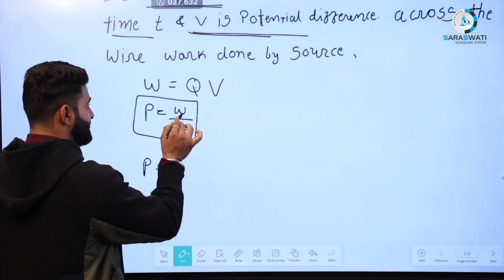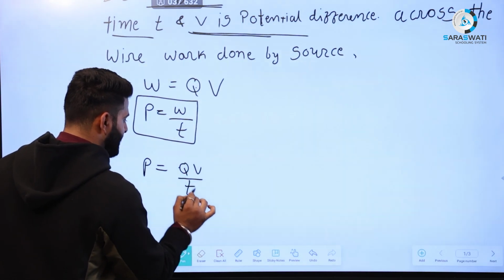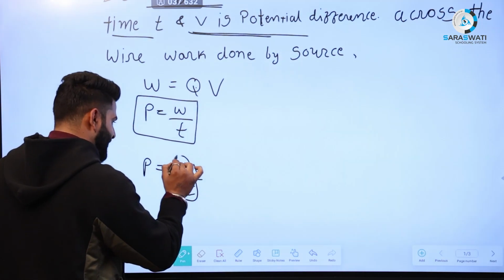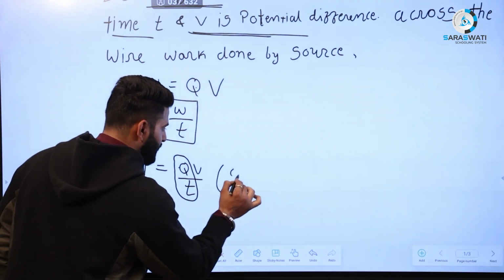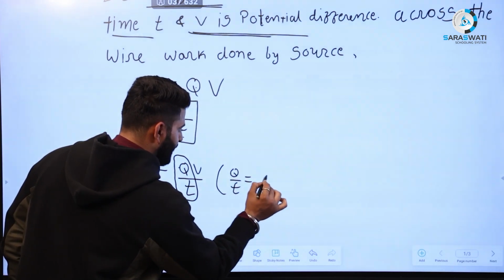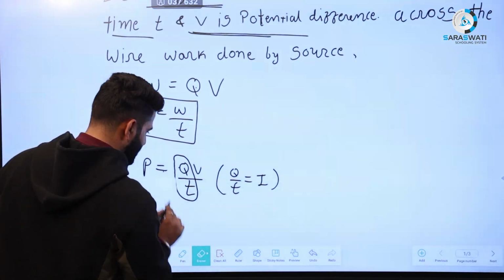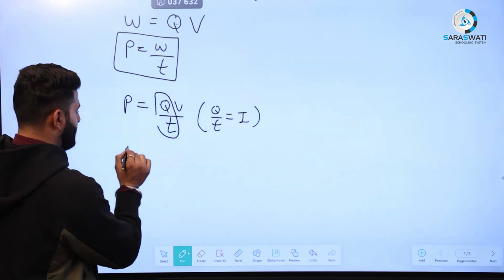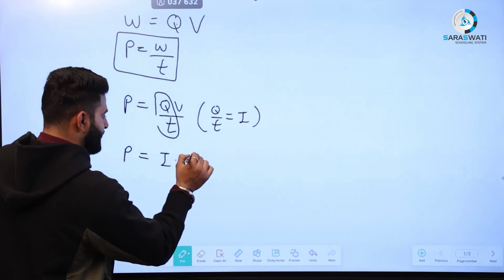You have to put this value in power. And we know very well from the beginning of the electricity chapter that Q by t is equal to I. After that, you have to write P is equal to I into V.